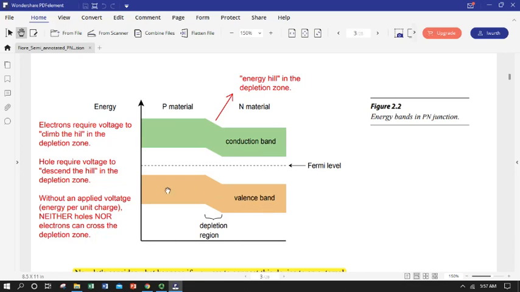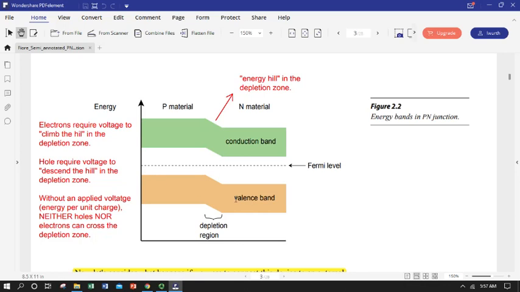Now, this sounds a lot like a hill. If we were looking at a physical hill with respect to gravitational potential energy, it would be an elevation gradient, like a road going up a mountain. As you go across a certain distance, you go up or down and you change your potential energy. Well, that's exactly what's happening as we move from one side of this diode to the other.